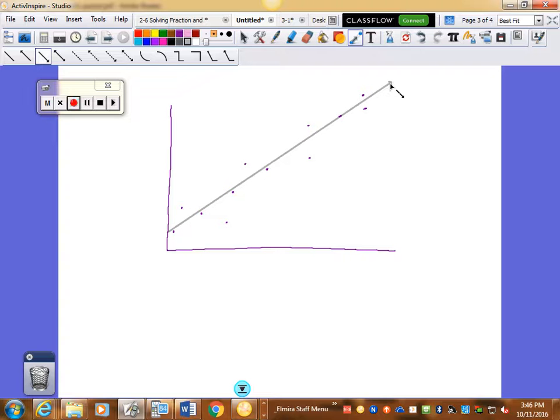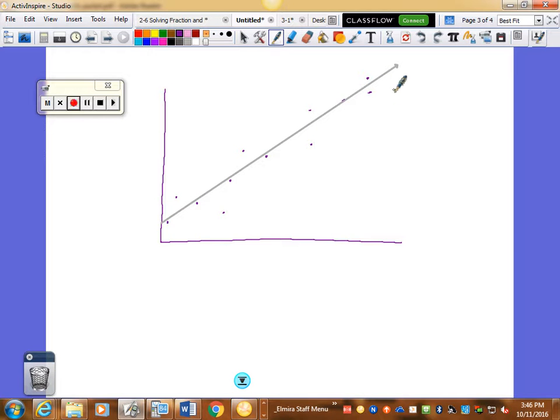Kind of estimating a line that would go through those data points in generally the same direction. And we call that line a trend line. It's also called line of best fit.